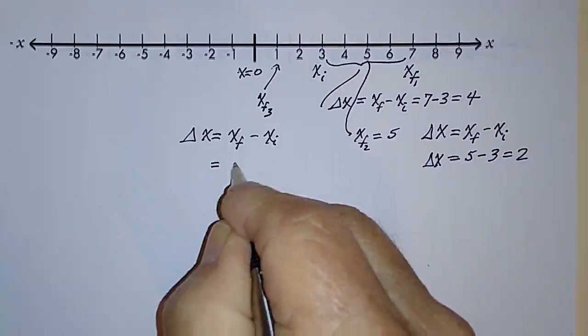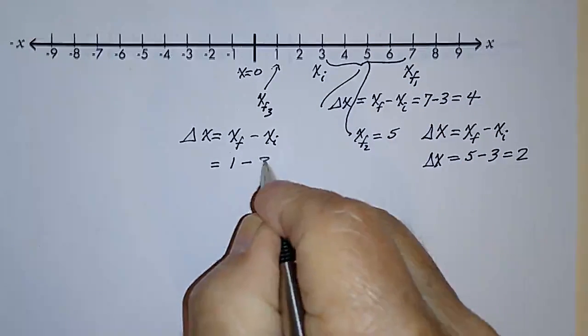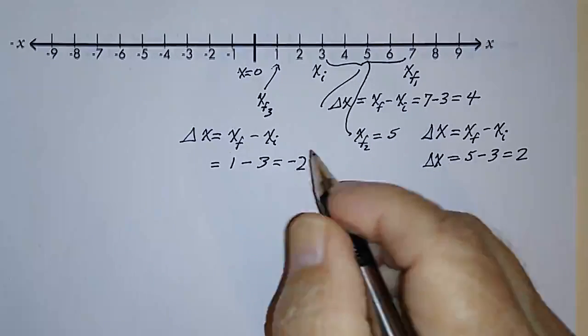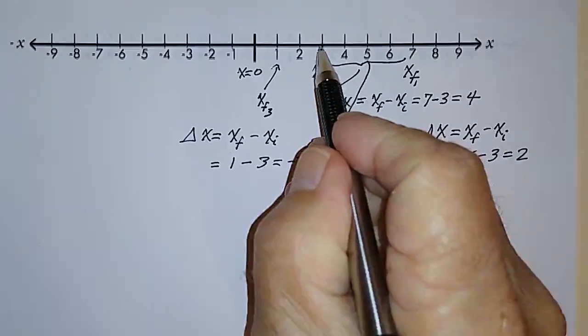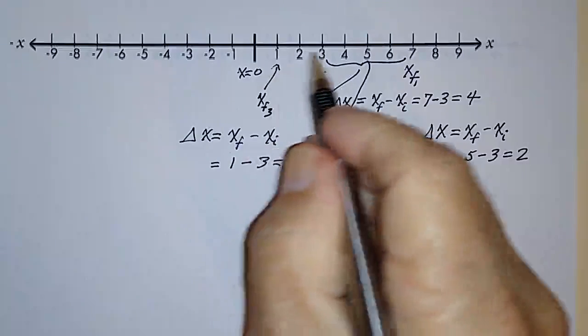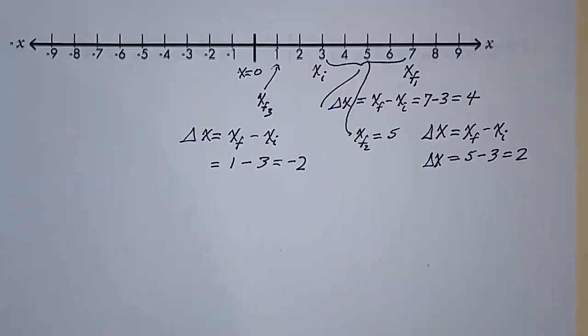So that's equal to 1 minus where I started, which is 3, and that's equal to minus 2. In other words, my displacement from my starting position is minus 2 units. In other words, it's negative in this direction is where I ended up.